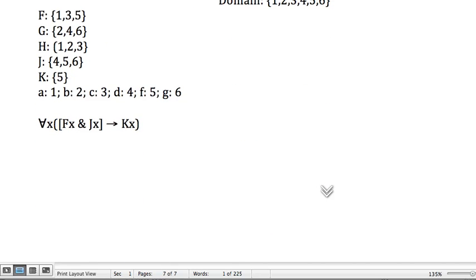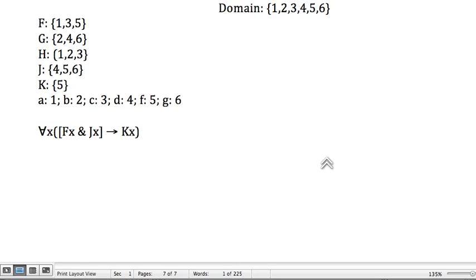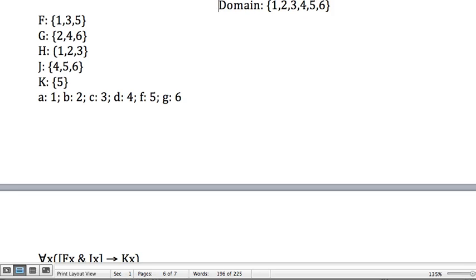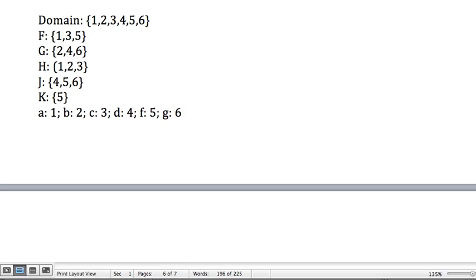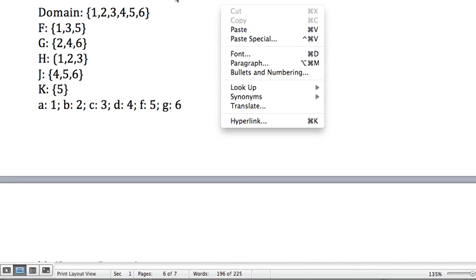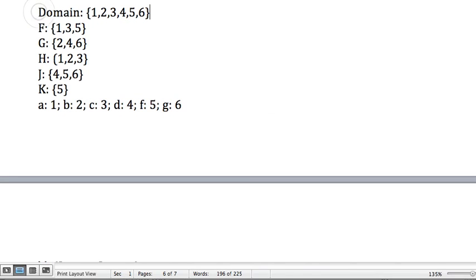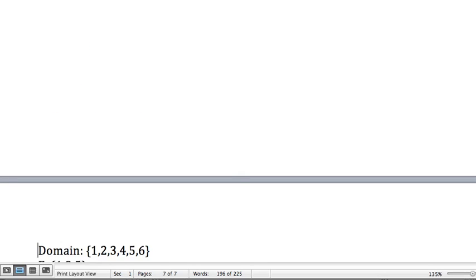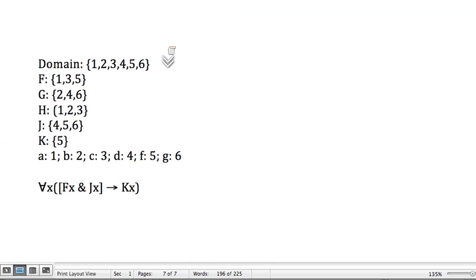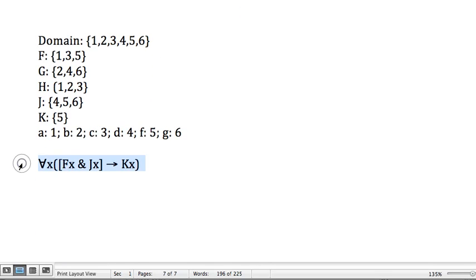Last example. We want to know if I'm going to have to move this down. Microsoft Word is a wonderful thing for some purposes, but by no means for all. Here we are. Okay, we want to know if this statement here is true.